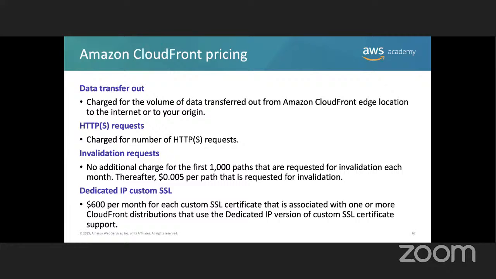For example, if your custom SSL certificate was associated with at least one distribution for just 24 hours, that is one day, in the month of June, your total charge for using the custom SSL feature in June is 1 day over 30 days times $600, which equals $20.